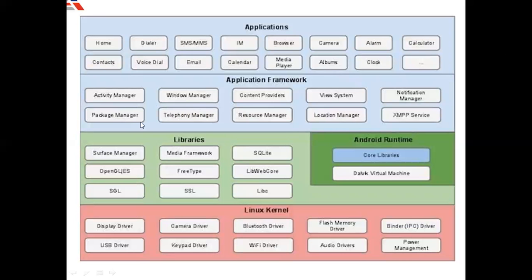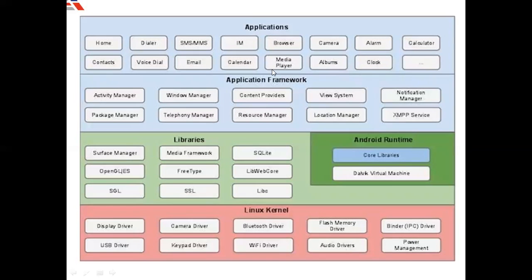So here you can see in the diagram, there are 4 layers. The first one has home, dialer, SMS, IM. The second one is the application framework. The third one is library and Android runtime, and the fourth layer is Linux kernel.